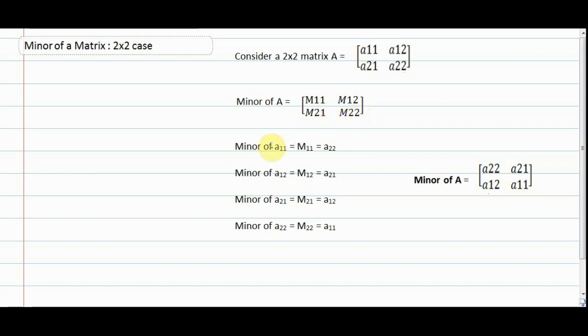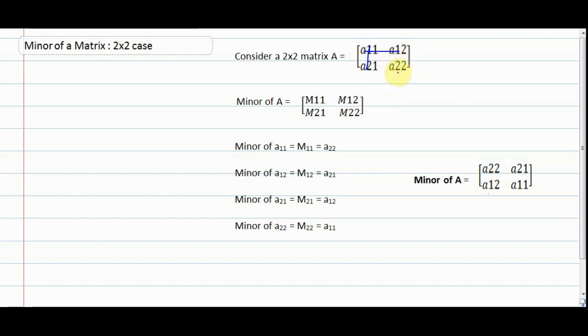Now let's see how to calculate minor of A11, the first element in the matrix. To calculate minor value corresponding to A11, we have to omit row and column containing A11. Find the determinant of the matrix containing left out elements. Here we have only one left out element, that is A22.